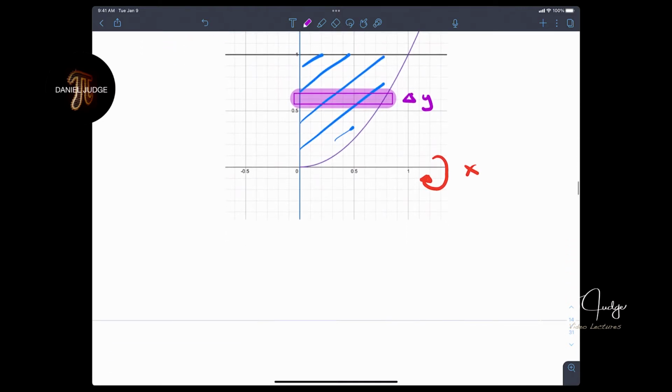And so when you rotate now about the x-axis here, what you'll end up getting now, you have this rectangle. And you should probably do a little bit more accurate sketch of a cylindrical shell.